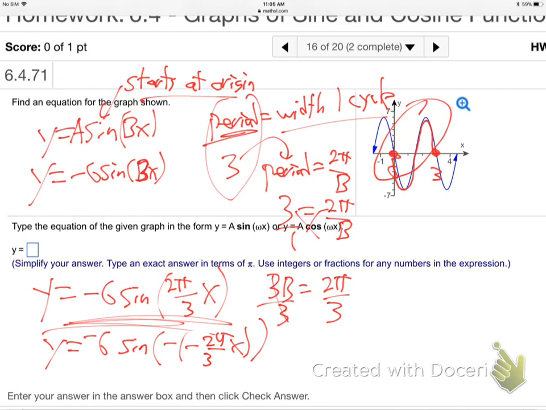Then it's positive 2 pi thirds. These two negatives would just be positive, right? Two negatives multiply to be positive. And then I still have to distribute a negative if it had a plus 1 or plus 2 inside the parentheses.